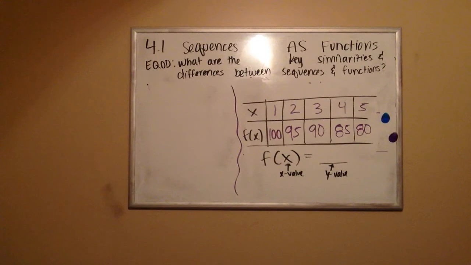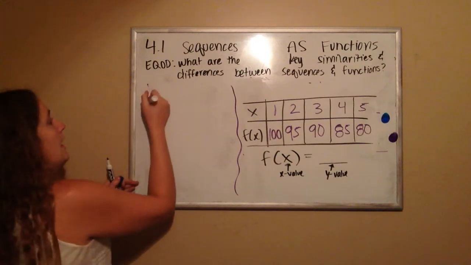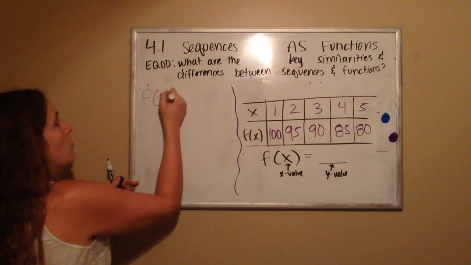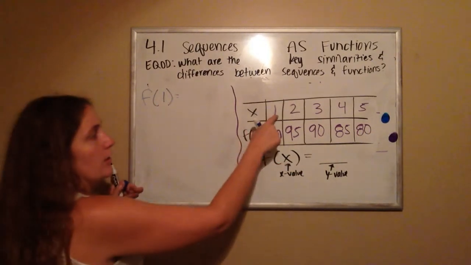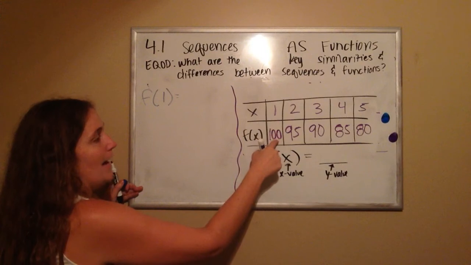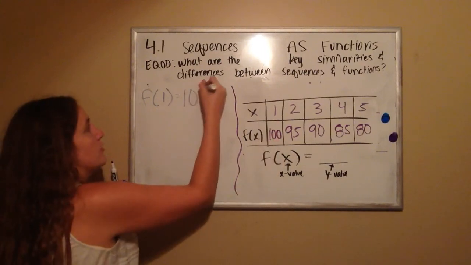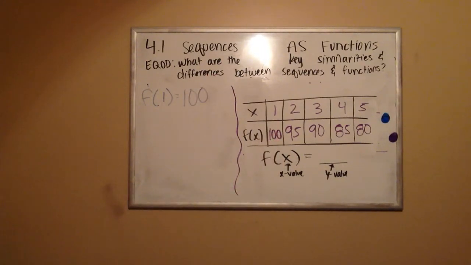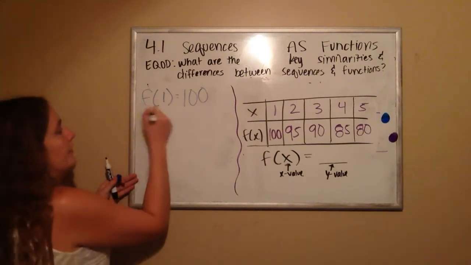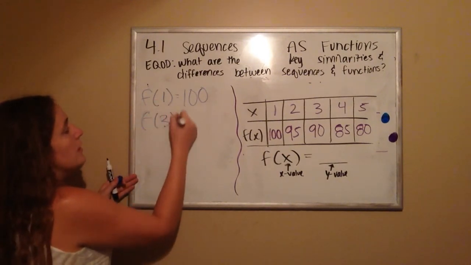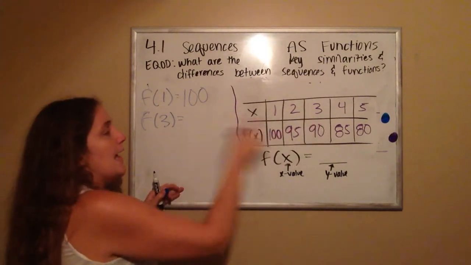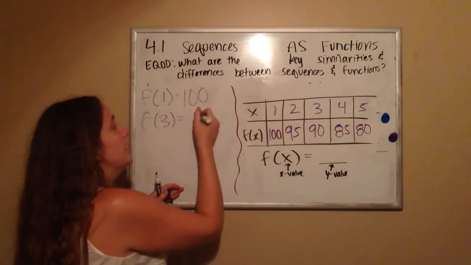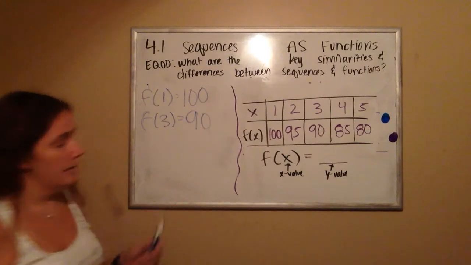If I were to ask you to find f of 1, that 1 is your x value. So my output is 100. If I were to ask you to find f of 3, well, 3, that's my x, so my output is 90.